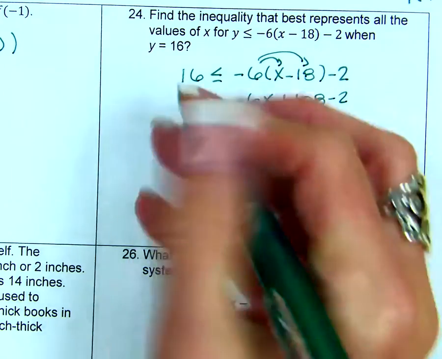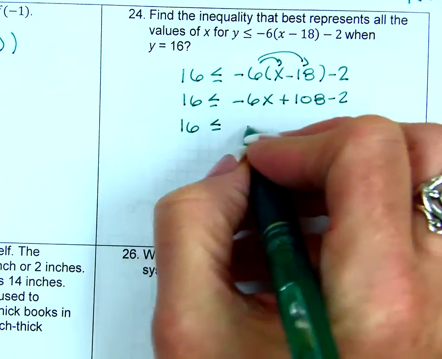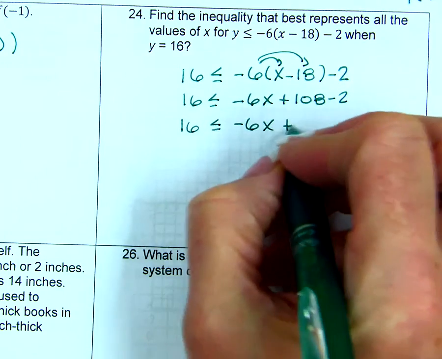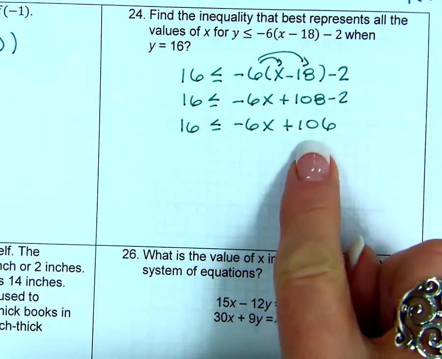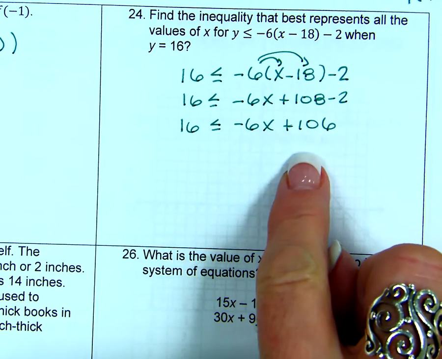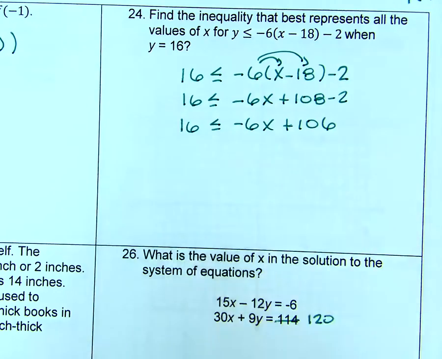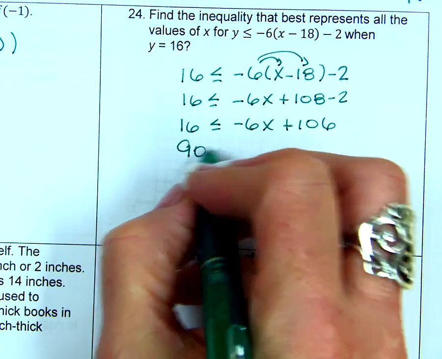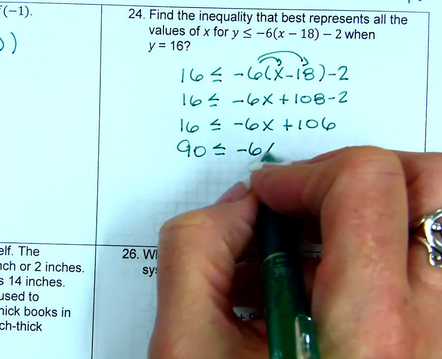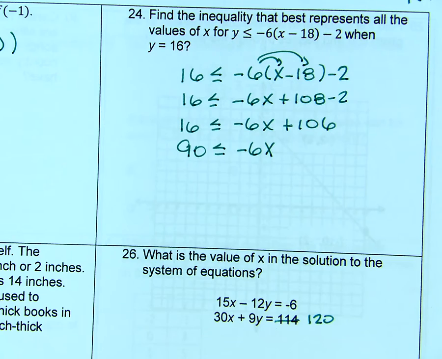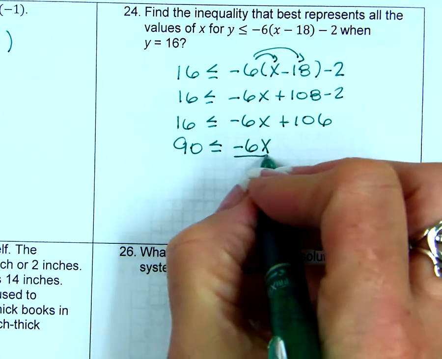These are like terms, so we combine those. Next, we need to get this x by itself, so we're going to subtract 106 from both sides.